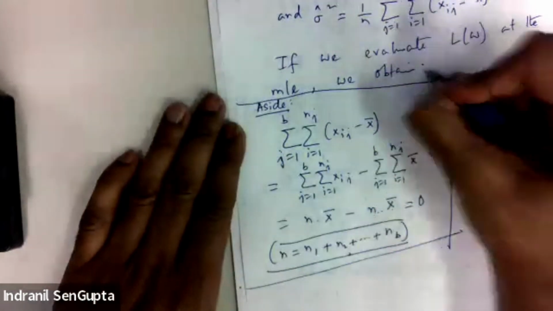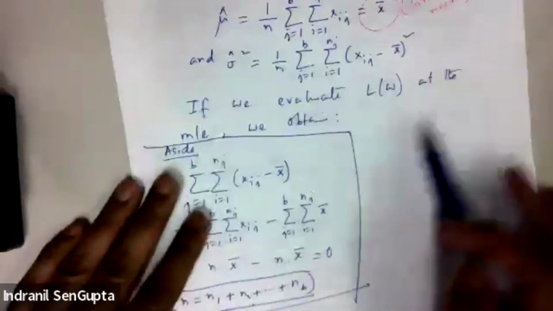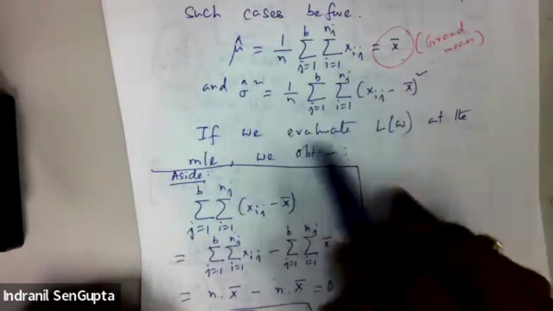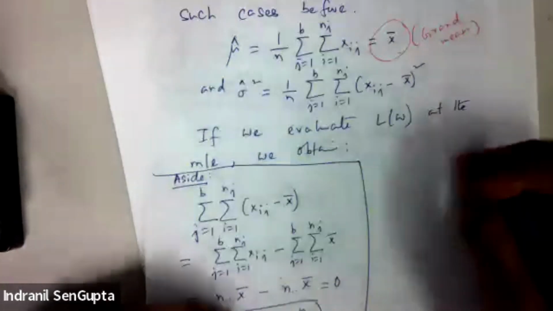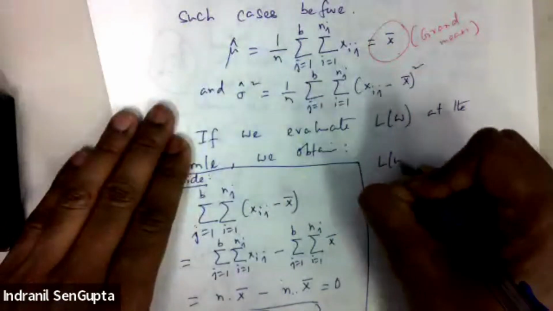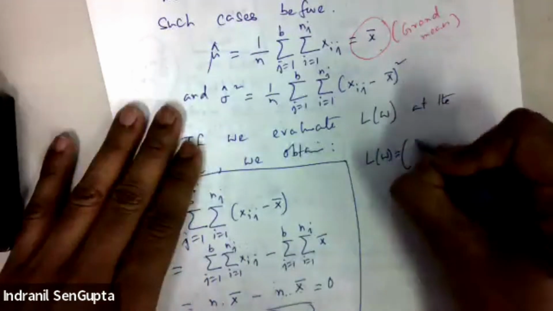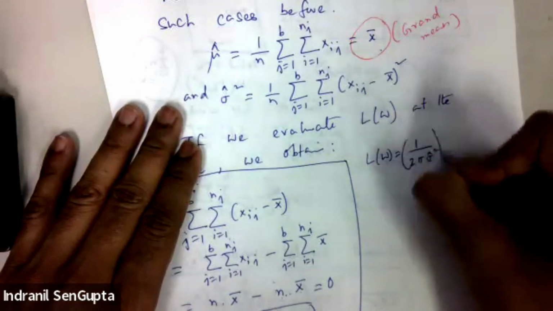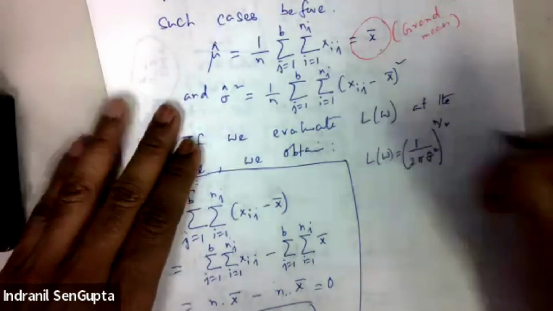So if we try to evaluate L of omega at these two MLEs, x bar and this one, what we'll have is L of omega equal to 1 over 2 pi sigma hat squared, to the power n over 2.